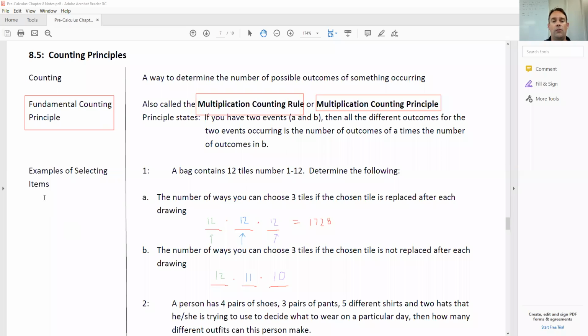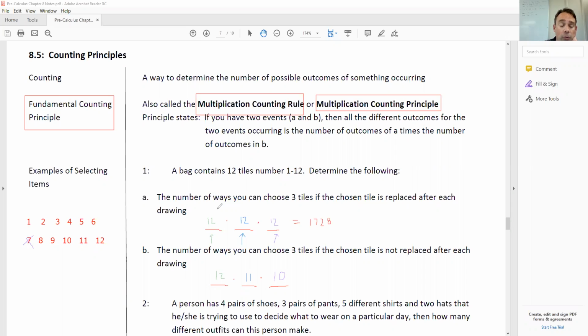So think of it this way. If we have all of our numbers here of 1, 2, 3, 4, 5, 6, 7, 8, 9, 10, 11, 12. The first time we draw, if we're not replacing, we have 12 tiles to choose from. And then we took out a tile, so say we chose 7.